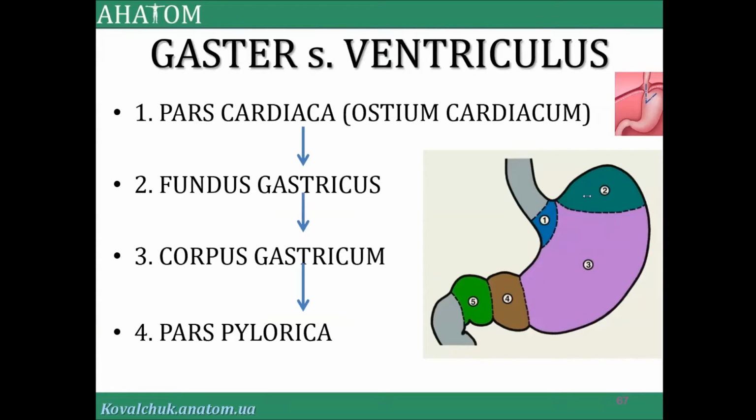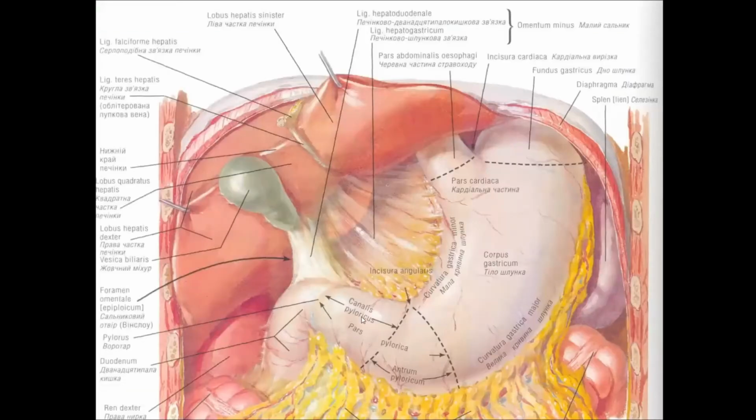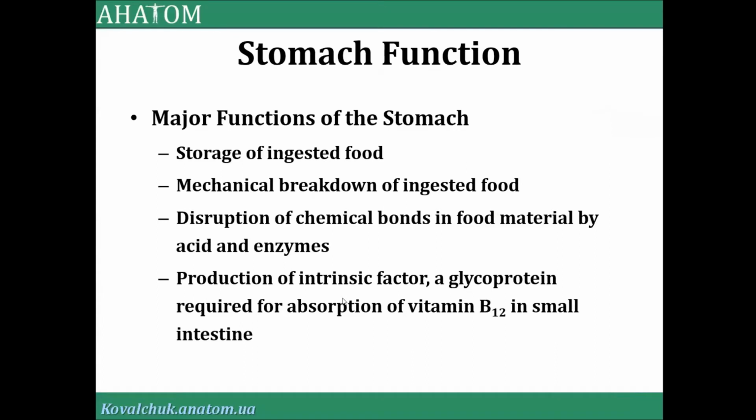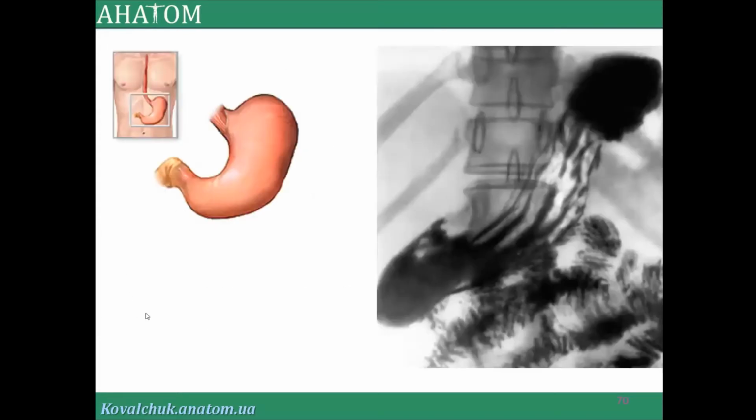Stomach is not really a tubal form, and has 4 parts: cardiac, fundic, body, and pyloric part. And the major functions of the stomach are storing ingested food, mechanical breakdown of ingested food, and chemical digestion with enzymes present.